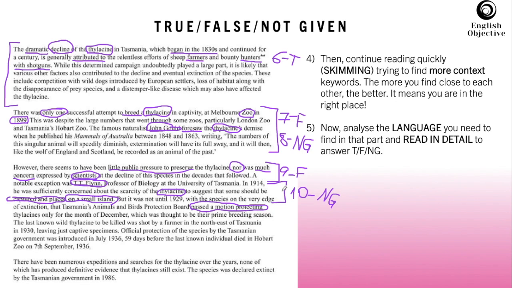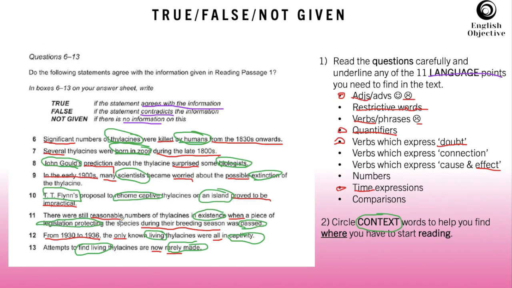Which takes me to the next question, 11. As we mentioned, I already found two context keywords there. That is past and protecting, legislation protecting. So that's the law. So let's see if I can find my language points. There were still reasonable numbers of the animal in existence when this law was passed.